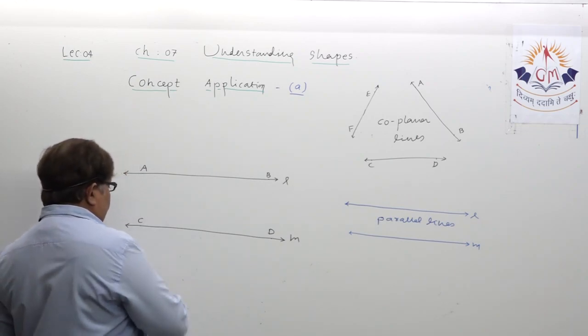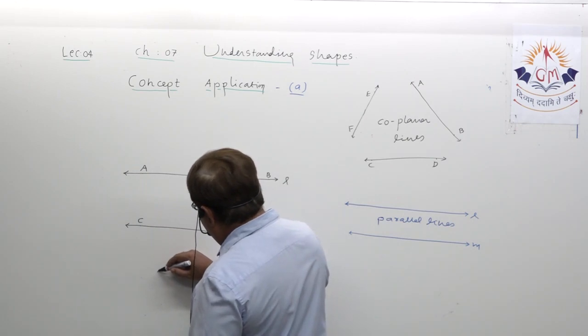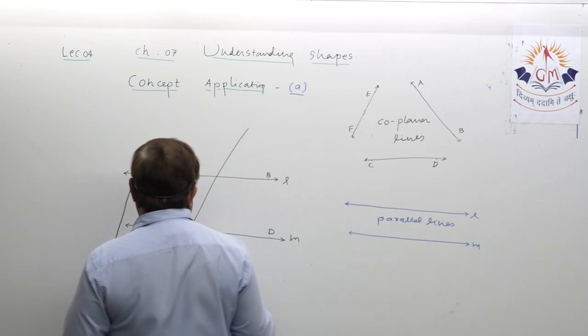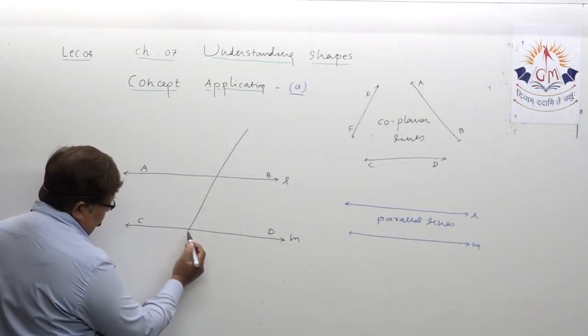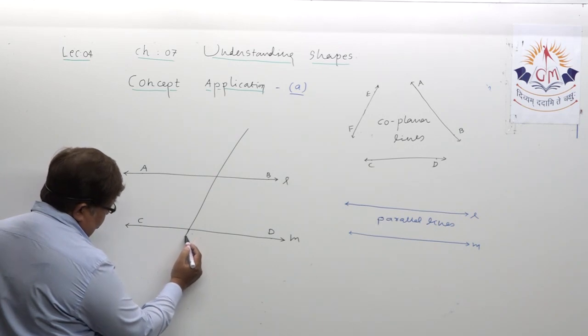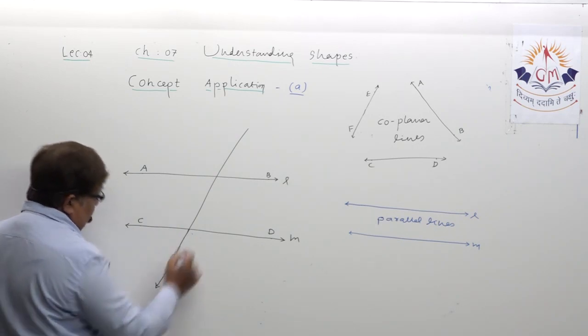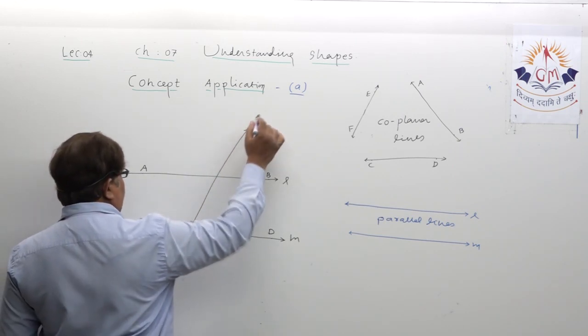If I draw another line intersecting both these lines, suppose I call this line T.